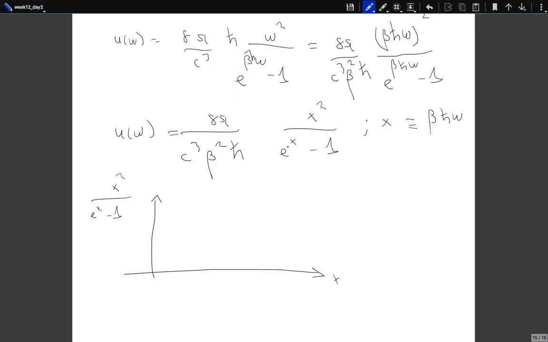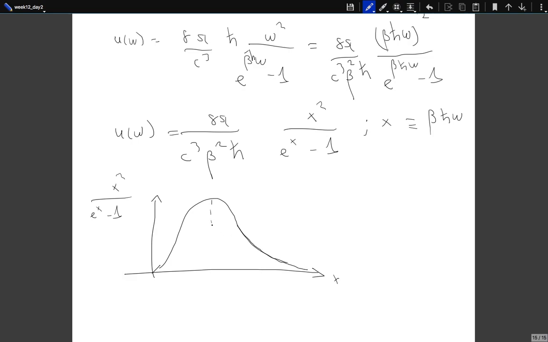So this is 1 plus x, 1 is cancelled by this one, so this is x squared over x, so it increases linearly at small x. At very large values of x, this is much larger than 1, so I can just ignore the 1. This is the dominant term, so it's just x squared e to the power minus x, so it decays exponentially. So this is how that function looks.